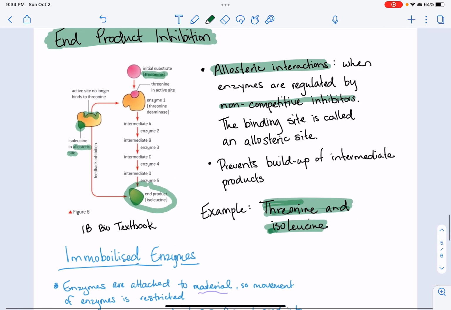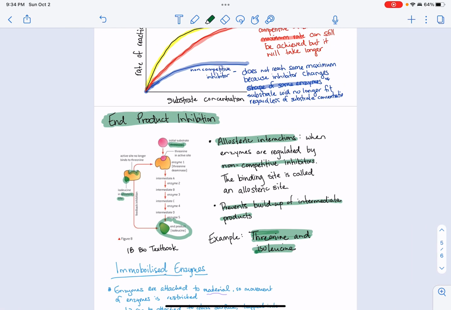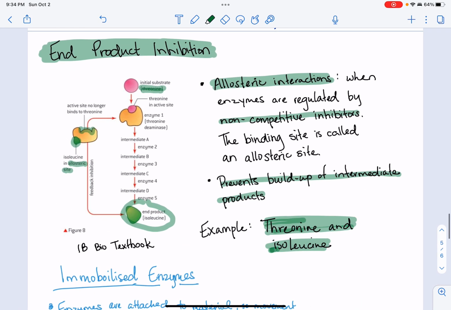And the purpose of this and why this happens is it prevents the buildup of intermediate products. So if we have enough isoleucine and we don't need any more, then this end product inhibition will occur, so that there's not a buildup of too many intermediates that are just unused.